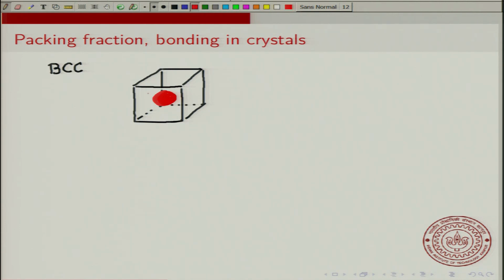Now, this atom, okay, it is coordinated to all these, it is nearest neighbors with all the other 8 atoms at the corners of the cube. Okay. So, therefore, since it is closest to all these, we can now imagine that this is a sphere that is large enough so that it just touches all these spheres of the same size that are located at the corners.